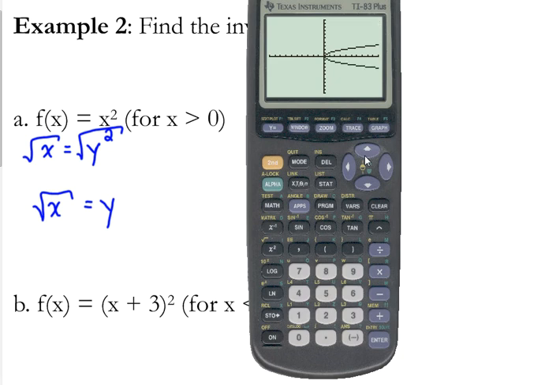Is that right there a function? No. Why not? What's that test for a function? The vertical line test. It does not pass the vertical line test. So I've either got to consider just the positive or just the negative.